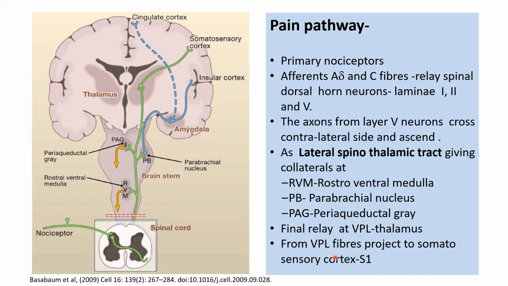The fibers from the ventero-posterolateral nucleus of thalamus project to somatosensory cortex S1, this portion, that is area 3, 1, 2 of the parietal cortex. Subsequently, it will reach S2 and the cortical sensory association areas.